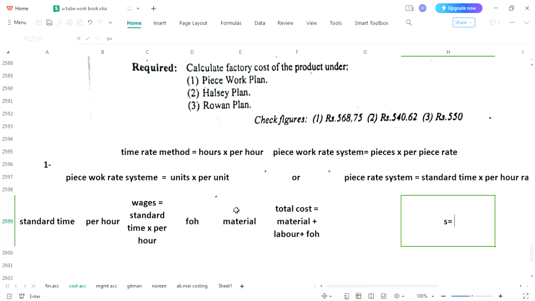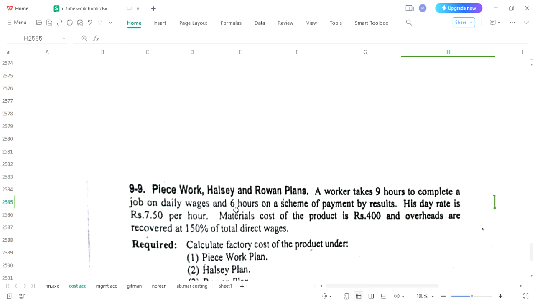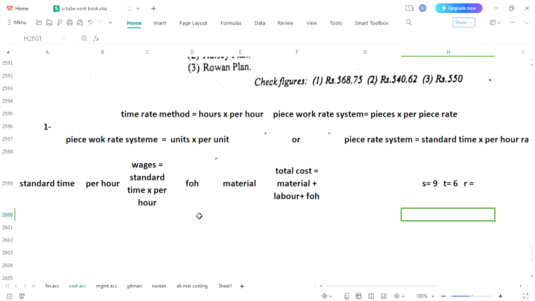It was given as 9 normal, and then you have time taken, that was 6, and rate per hour is also mentioned. This is 7.5 per hour rate. We can mention it as well.